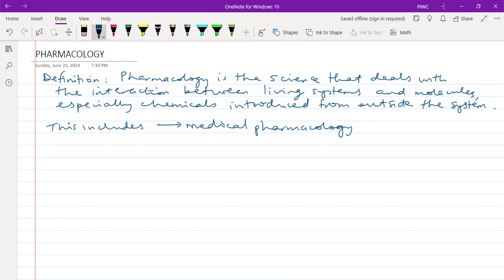It also involves chemicals in the environment that cause disease and the use of certain chemicals as molecular probes for the study of normal biochemistry and physiology. So that's what medical pharmacology is all about, right? So the science of materials used to prevent diseases, okay?